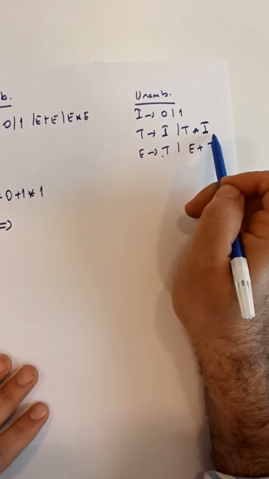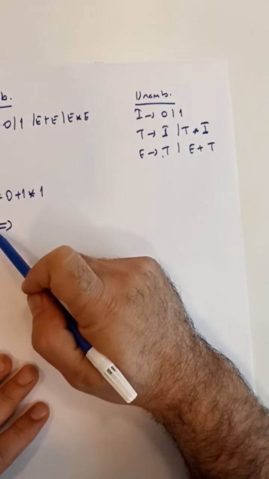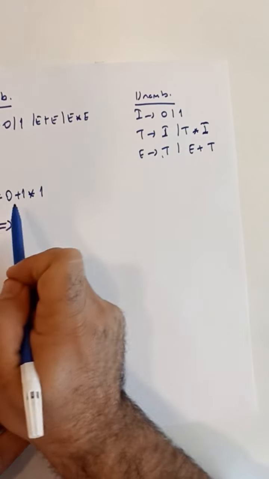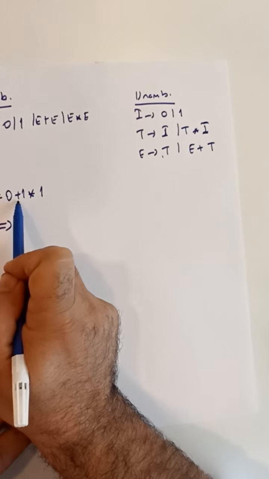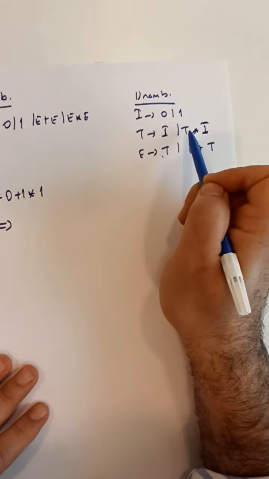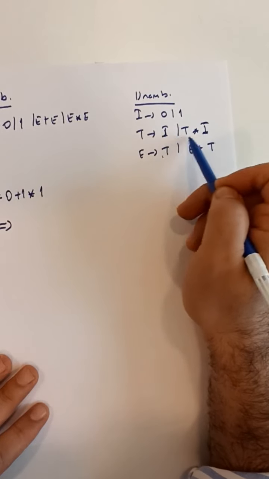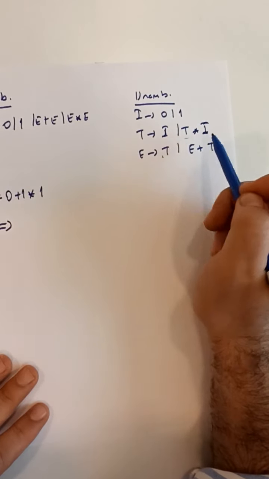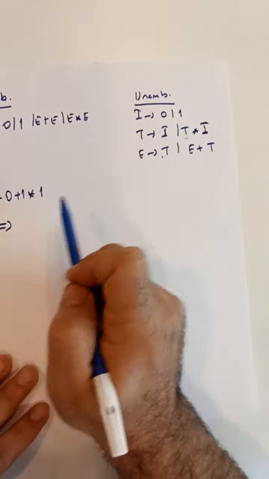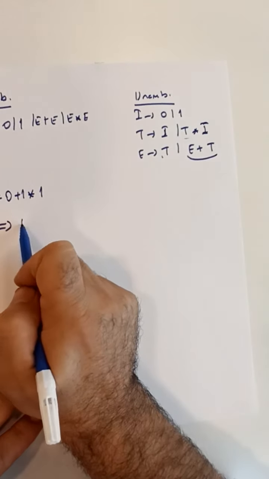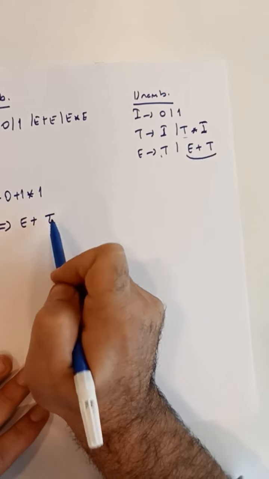So we cannot simply expand e with the rule t, because in our expression we have a plus sign. T doesn't give rise to any plus sign in its expansions, which means that we have to expand the initial e with the second rule, e plus t.